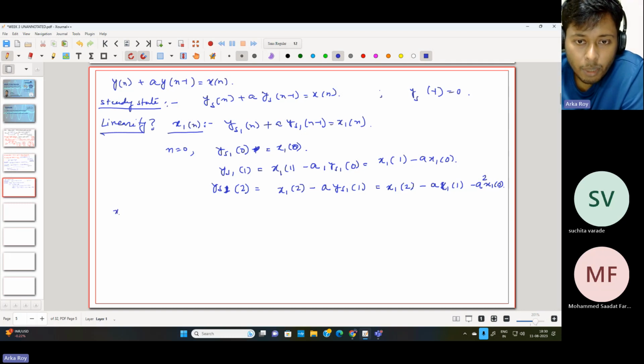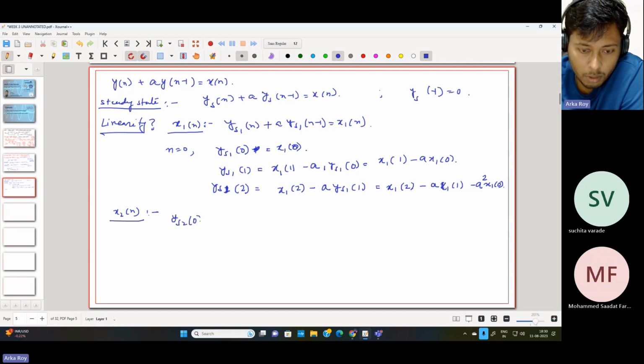Similarly, if I apply x2[n], then ys2[0] will be x2[0], and likewise, as we have already seen in the previous case, ys2[1] will be x2[1] minus a x2[0].